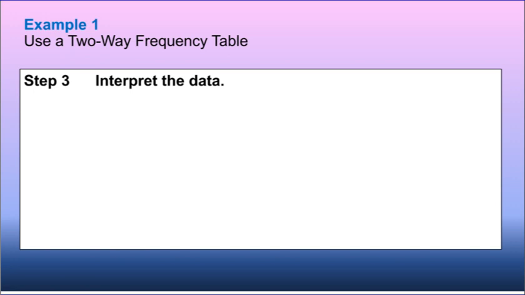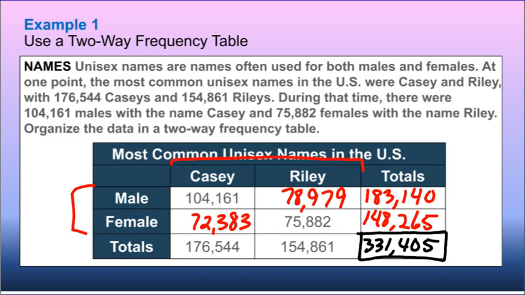The next step is to interpret the data. So now if I go back to my two-way frequency table, we can interpret each part of the table. Now when interpreting the table, you don't have to do every single box and explain what every single number means. We just want to get a good picture of what the data is showing.